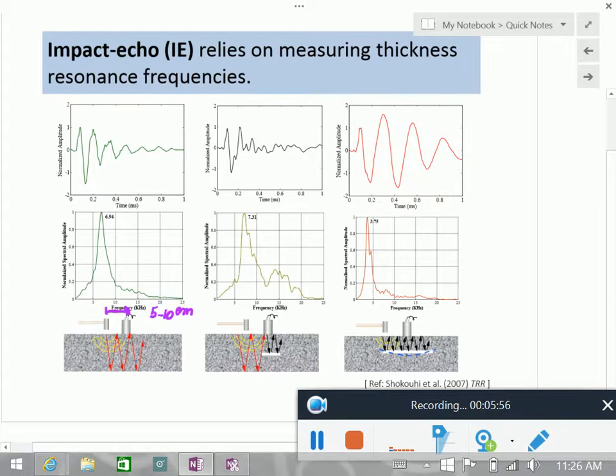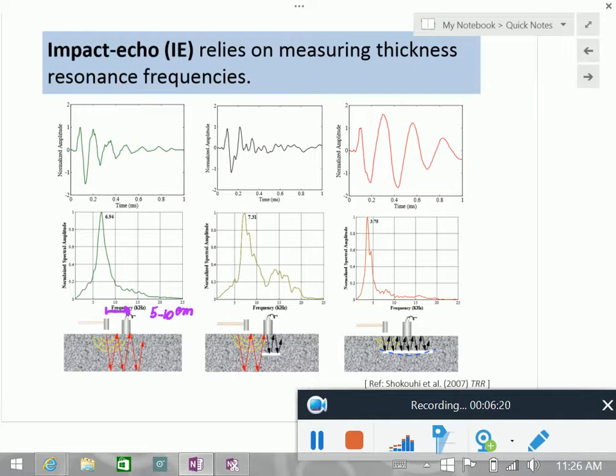And what you do is simply record the response, and then you look at it in the frequency domain. If everything is okay, you are going to get a single resonance peak which corresponds to the thickness of the slab you are testing.